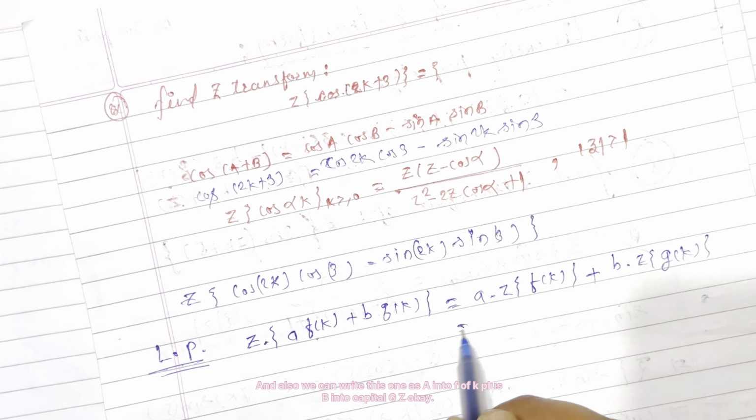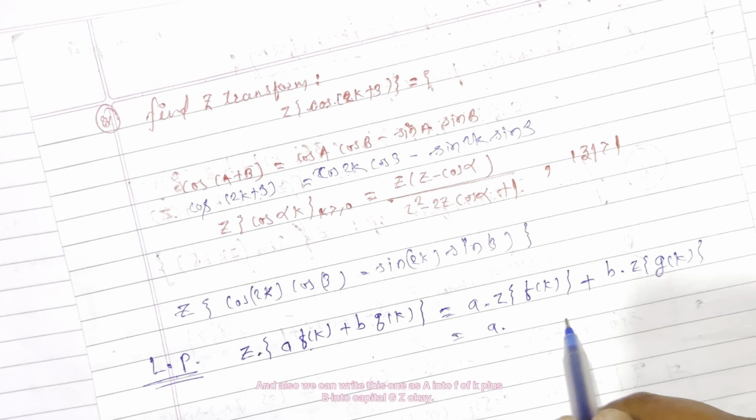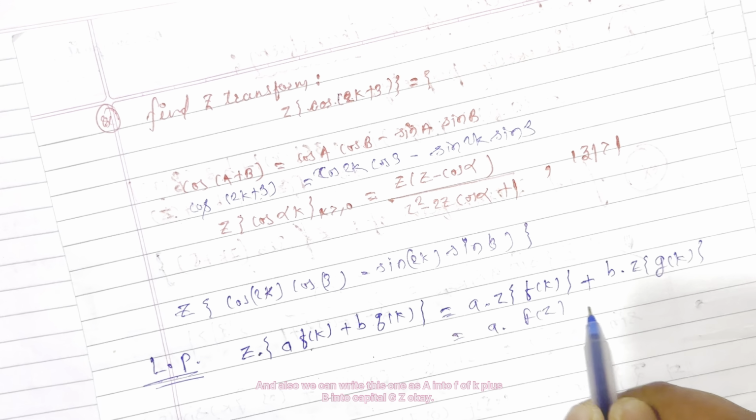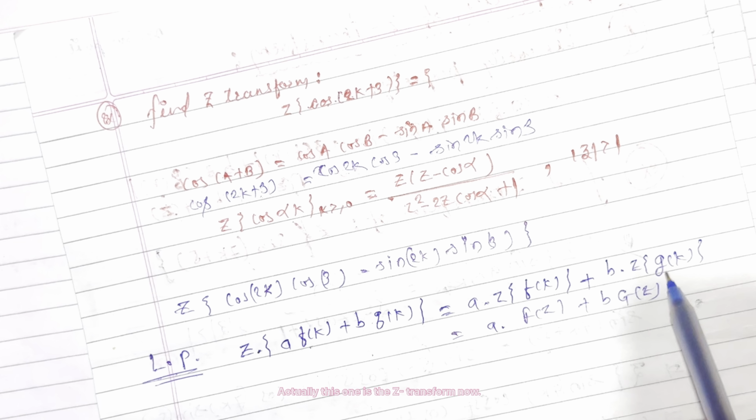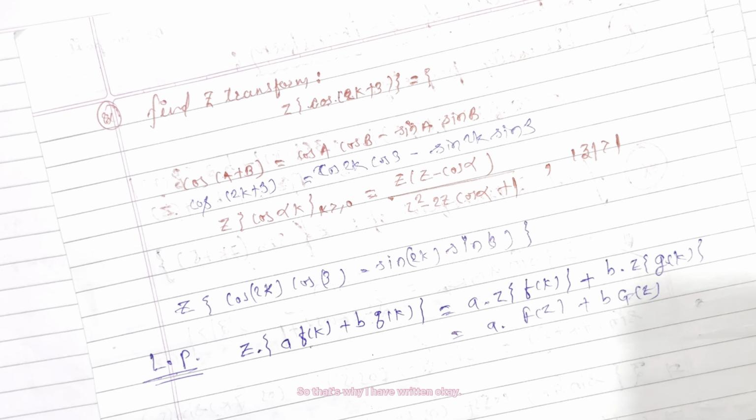Also we can write this as a F(z) plus b G(z), because this is the Z transform.